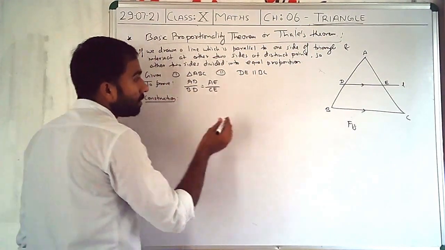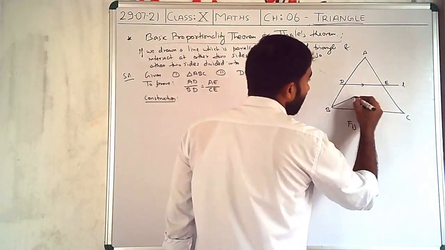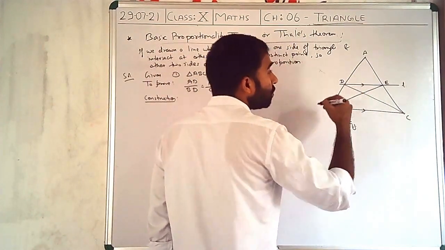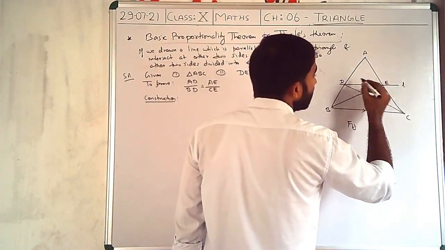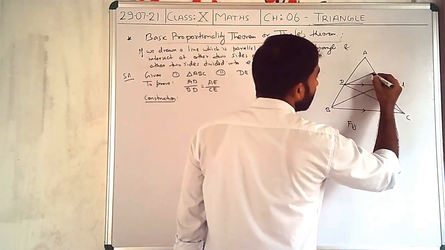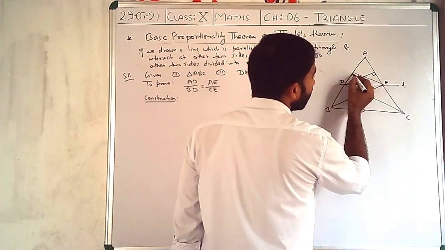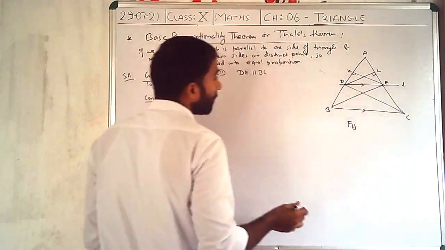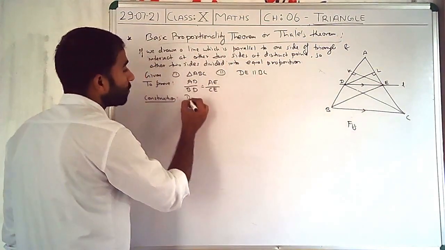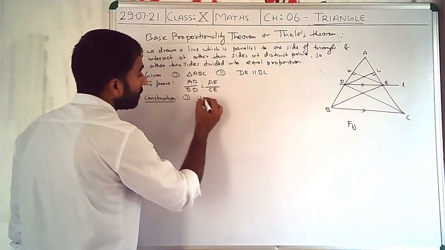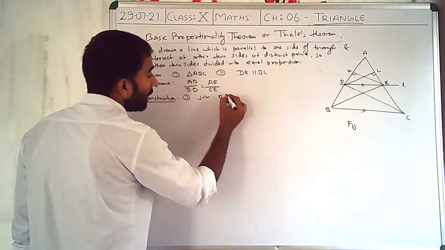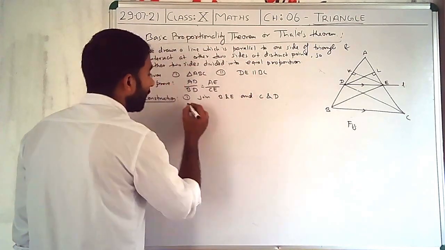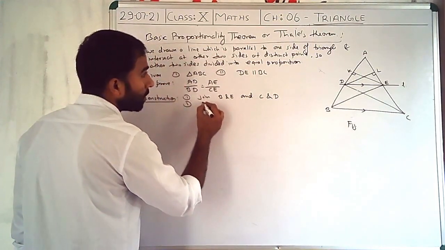Okay, we need to join B and E, C and D, and we need to draw perpendicular from E and D to their opposite side and give the names K and L. Okay, now we can write here in the first point we join B and E and C and D, and in the second point we draw a perpendicular line.